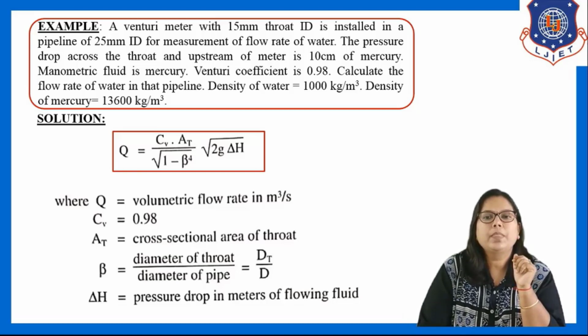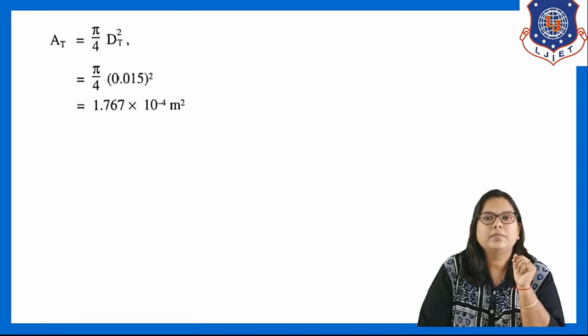Now, area of throat AT is pi by 4 dt square. dt is given 15 mm. We generally follow the SI unit, so we have to convert it into meter. So pi by 4 dt square is equal to pi by 4 into 0.015 square.